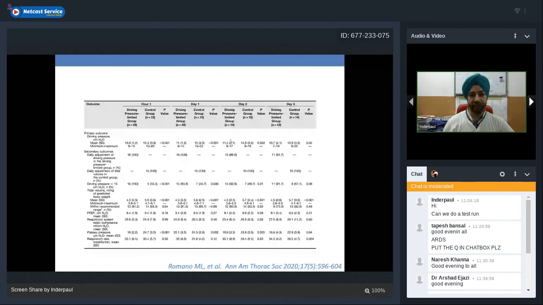And if you see, the PEEP in the driving pressure strategy is lower as compared to the control group, and also the plateau pressures are significantly lower. So it is significantly lower than the magic value of 30. Okay, just see here. And they showed some survival benefit. The duration of ventilation could be reduced with this strategy. However, they only included 30 patients. Okay, so the data is very less.